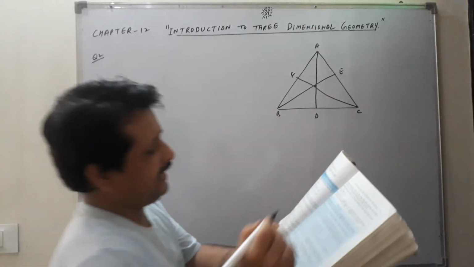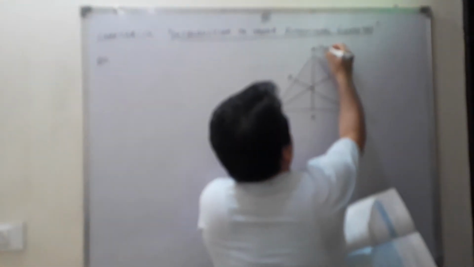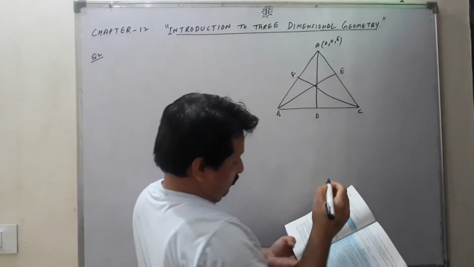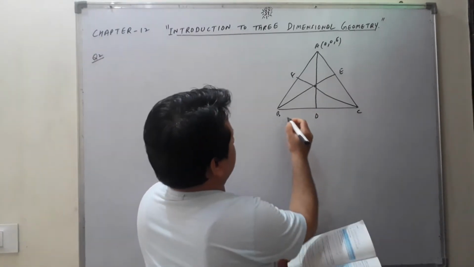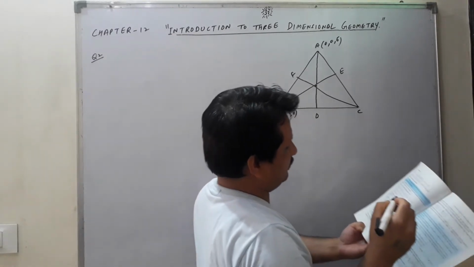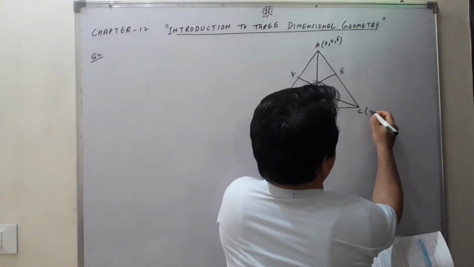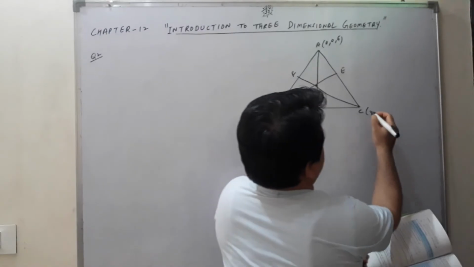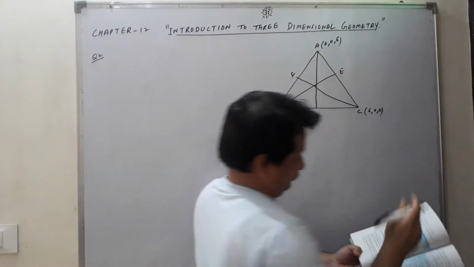The coordinate of A is given as 0, 0, 6. The coordinate of B is given as 0, 4, 0. The coordinate of C is given as 6, 0, 0.